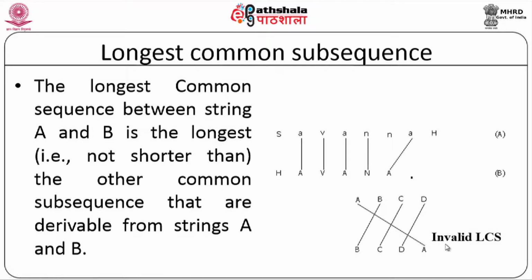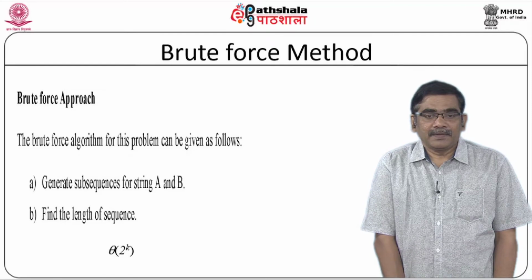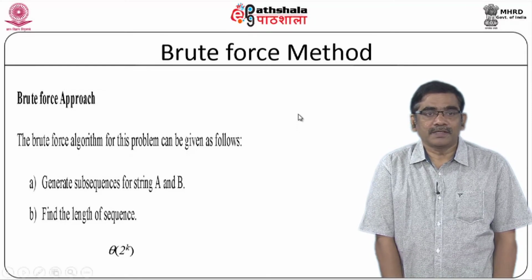So, the longest common subsequence is obtained by putting the strings together, establishing a one-to-one relation, and counting the number of matches they have. We can solve this problem using the brute force method.